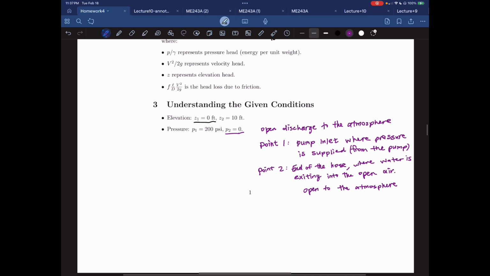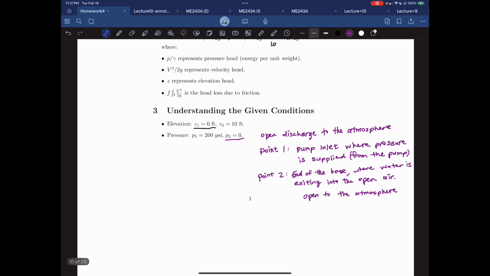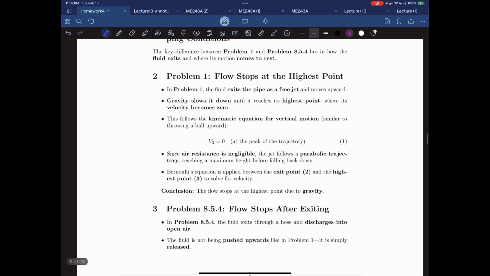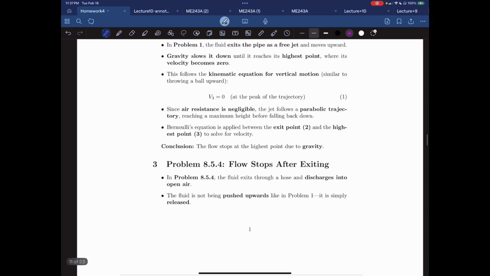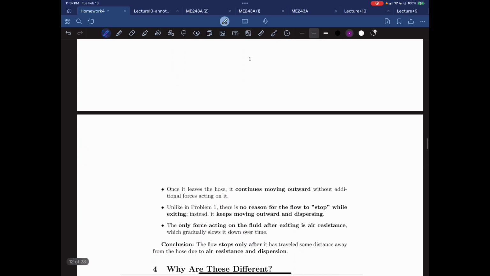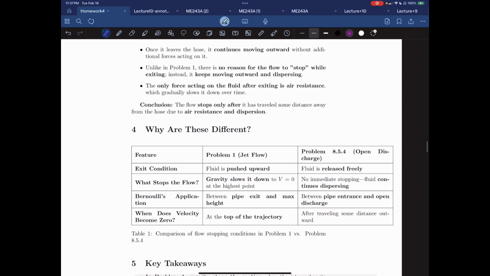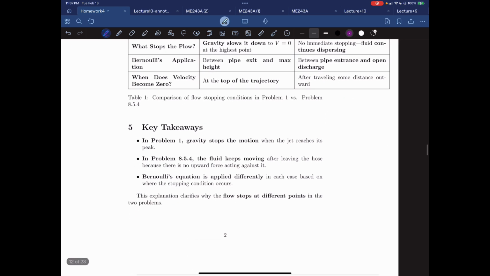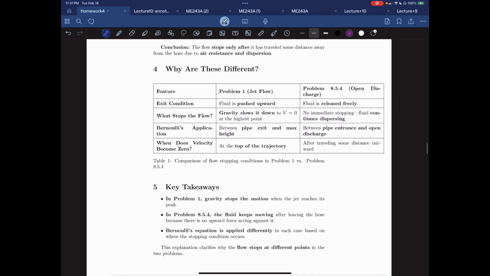And it's different from the first problem of homework. So I added some reasoning, what's happening, but I didn't post this yet, so I will add this. I just didn't want to overwhelm you. This is just extra notes for reference in case I don't explain it well. Okay, so I can post this and update my notes. So I'm comparing the free jet flow concept, and why this time it's open discharge.